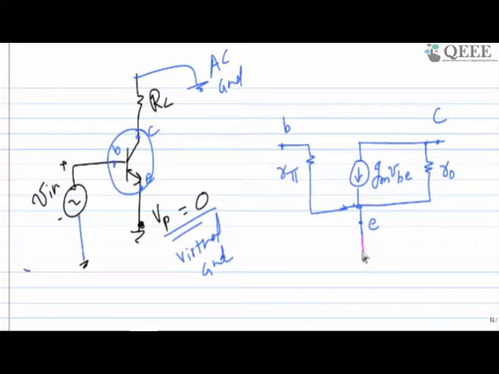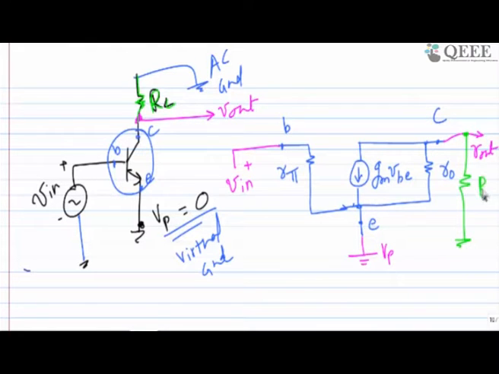My emitter is connected to ground, which is virtual ground, the VP point. At the input, there has to be V in plus, and at the output, there is the output. I'm taking the output from the collector side. But from the collector, you can see one more circuit, which is RC connected to ground. So I have to put that circuit also here, RC to ground.